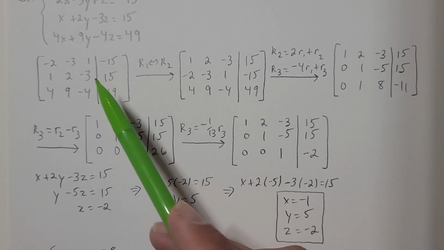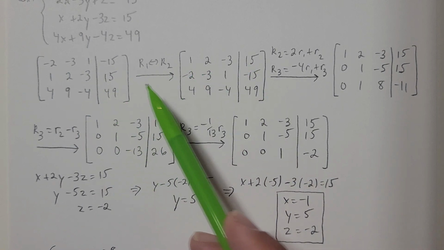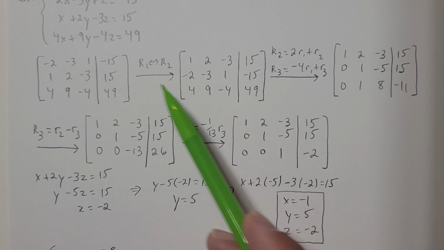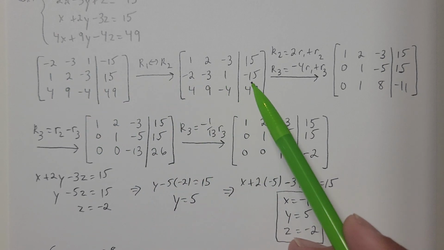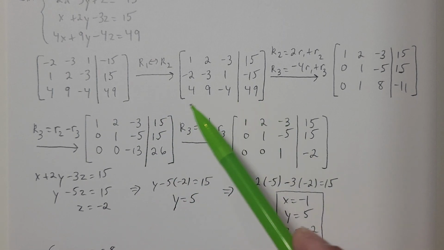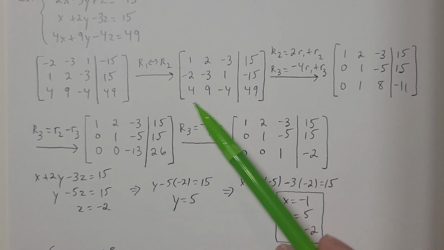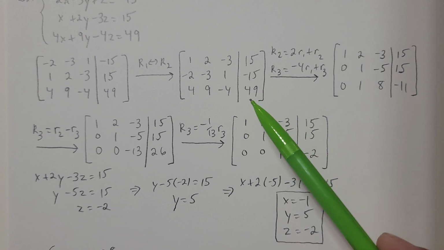So we have 1, 2, negative 3, and 15, then negative 2, negative 3, 1, and negative 15, and row 3 just stays as is: 4, 9, negative 4, and 49. That's one way.